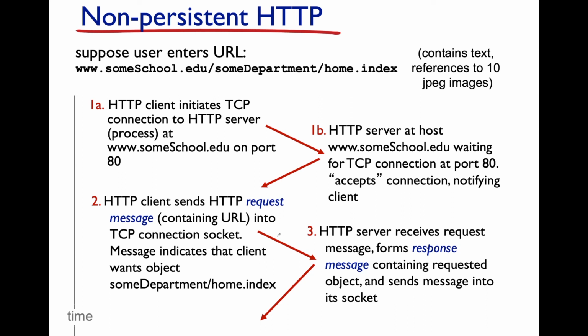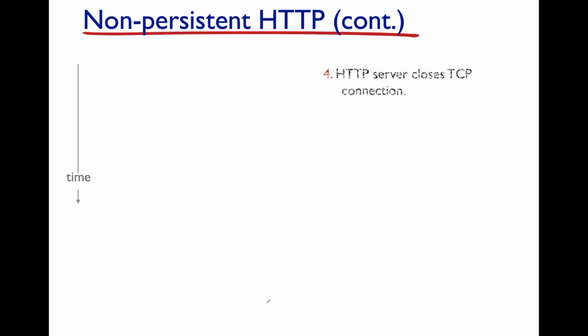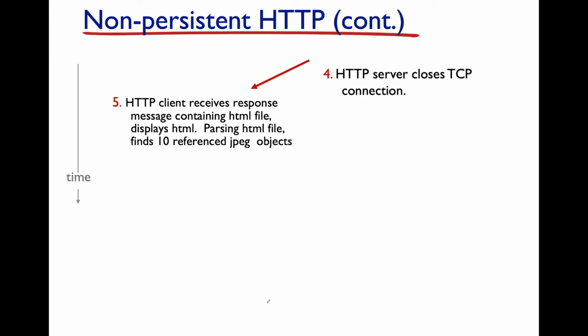So it sends that message, the server receives it, it chops it up or parses it, and the work that the server does in turn will be to retrieve that resource from its local file system and send it back as a response across the wire. So this response goes back to the client, and after doing its part in sending back the response, the server, HTTP server, closes its TCP, Transmission Control Protocol, connection.